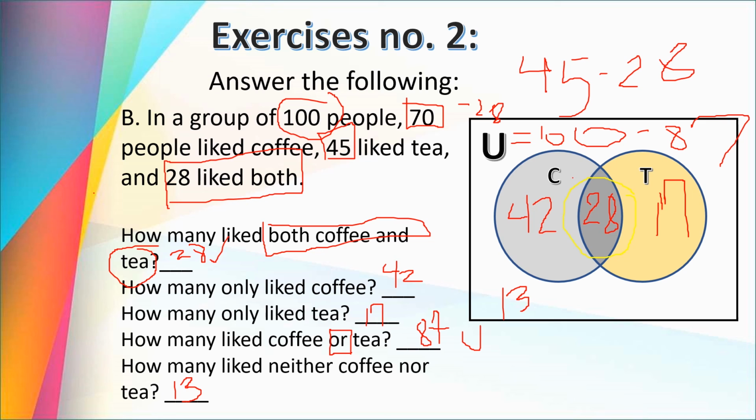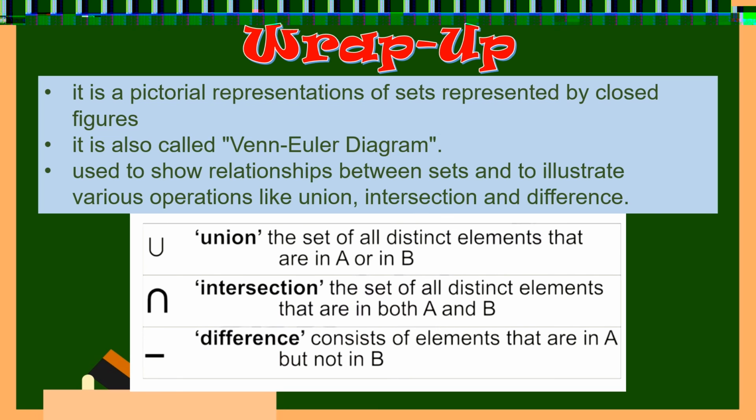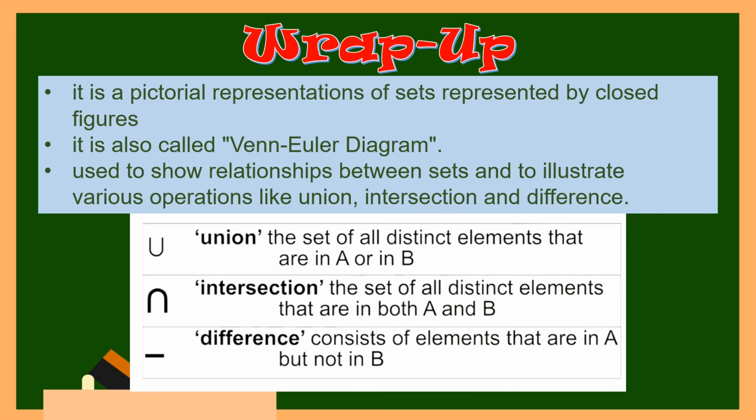So, that is the answer. Okay, let's recap. So, again, when we say Venn-Euler diagram, it is also known as Venn diagram, a pictorial representation of sets represented by closed figures. It is used to show relationships between sets and to illustrate various operations like union, intersection, and difference.